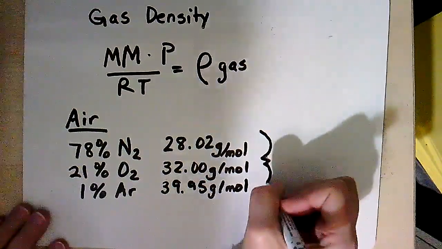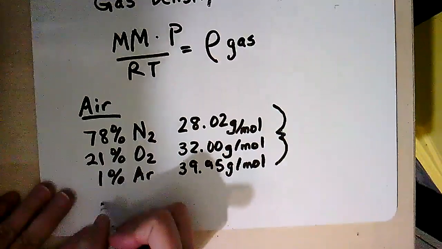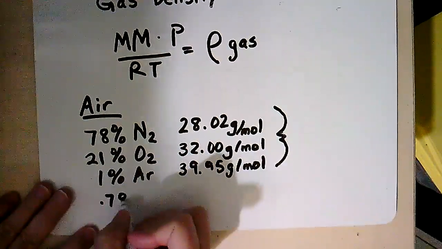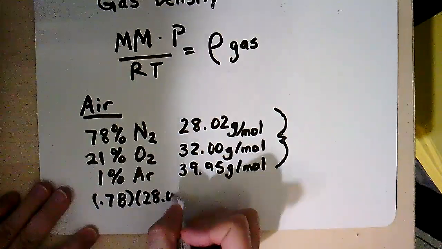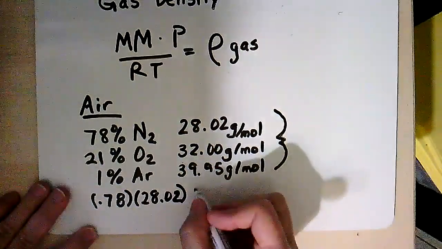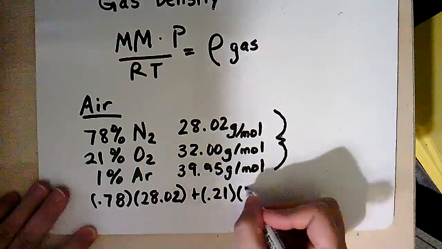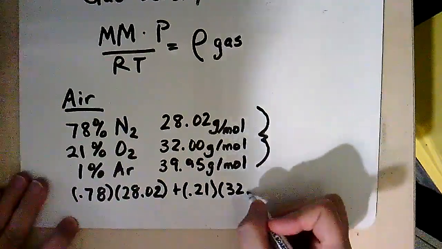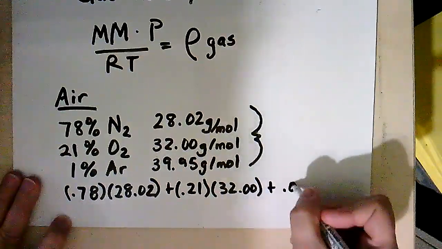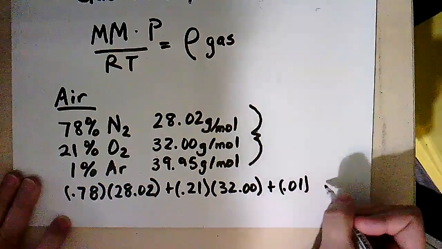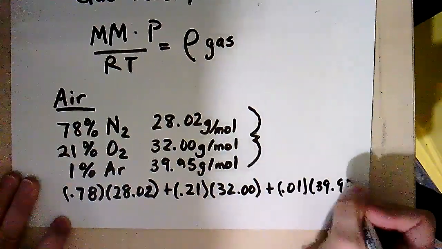It's a weighted average. So we can calculate that by taking 0.78 times 28.02 plus 0.21 times 32 plus 0.01 times 39.95.